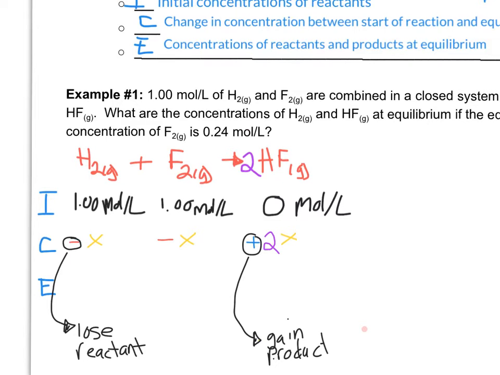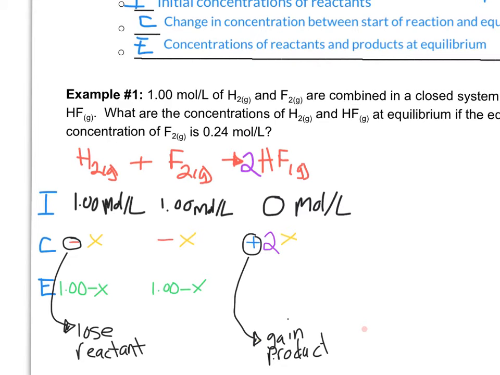Once we figure out what change is going to happen, we can then pretty easily establish what our concentrations are going to be at equilibrium. So our initial concentration was 1.00 mole per liter for hydrogen gas, and we have a change by subtracting X. The exact same change is going to happen for the fluorine gas.